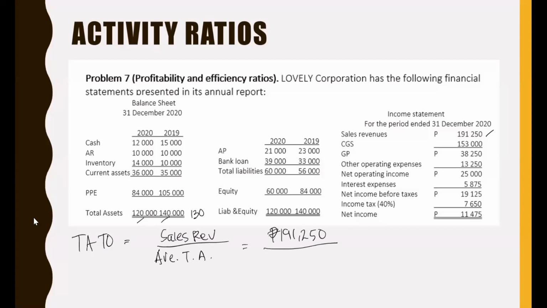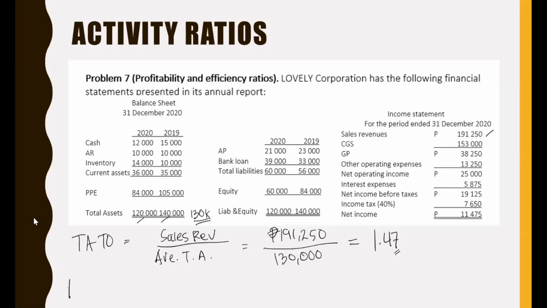So the average is 130,000. Okay, so divided by 130,000. So what will be your answer? Check natin. 191,250 divided by 130,000. 1.47. Okay, so how do we interpret this? 1.47. So it means for every peso of total asset that we invested, it generates 1.47 pesos of sales. Yun ang ibig sabihin. Okay?